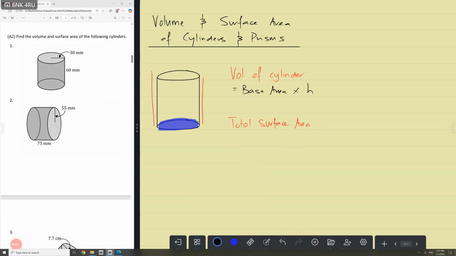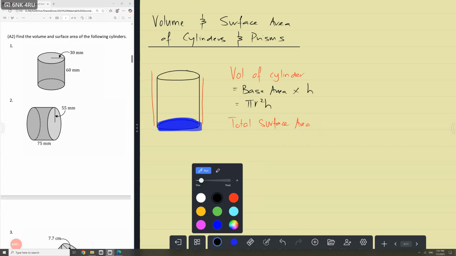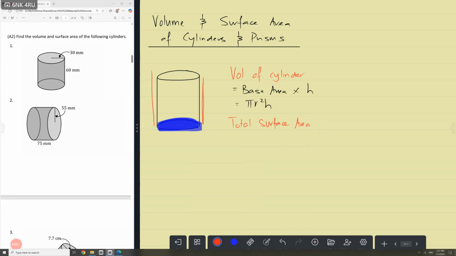The base area for our cylinder is actually a circle, and so the area of a circle is just pi r square, and then we multiply by h. So that's the formula for our cylinder. Again, this is our base, and then multiply our height. In this case, this vertical height is the one that we are looking at.